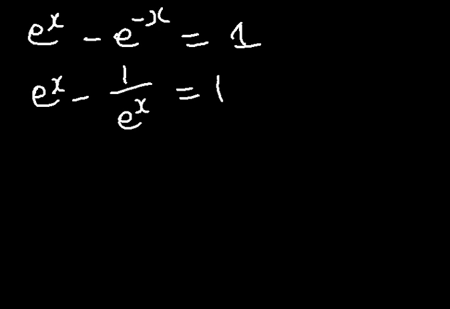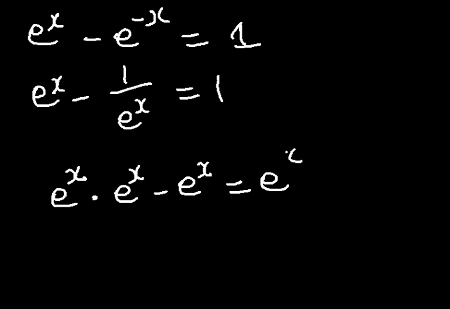In this case, this is the same as e to the power x times e to the power x minus e to the power x, which is equal to e to the power x. So we'll have here minus 1.